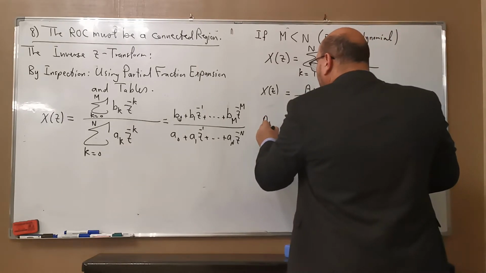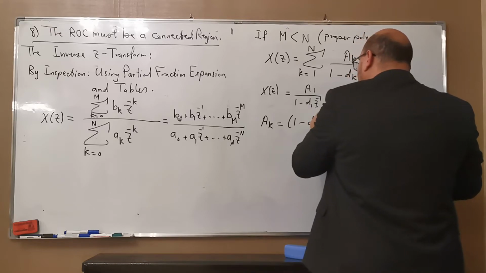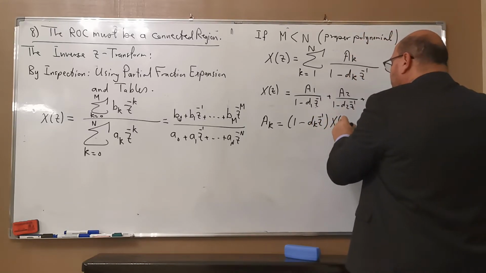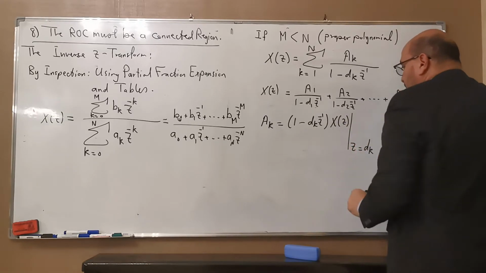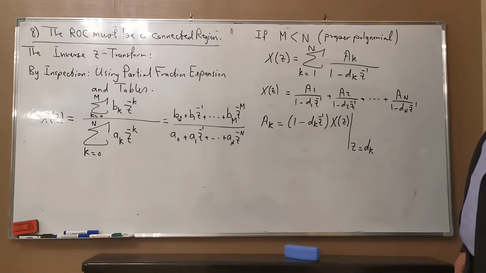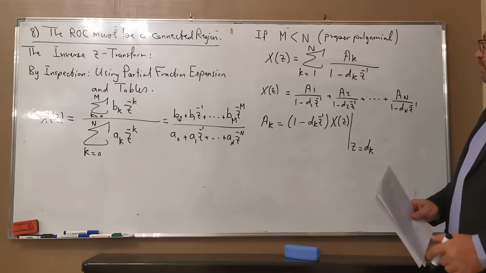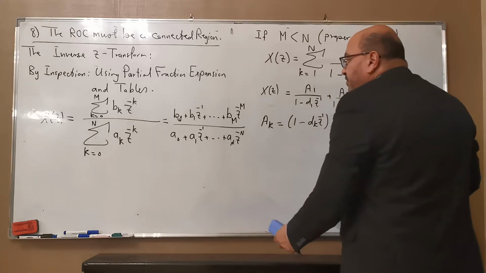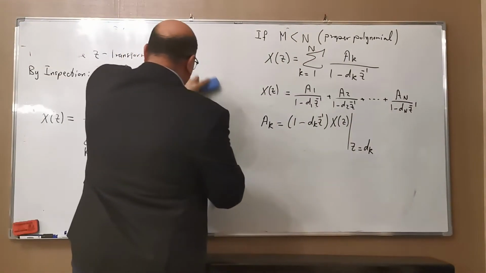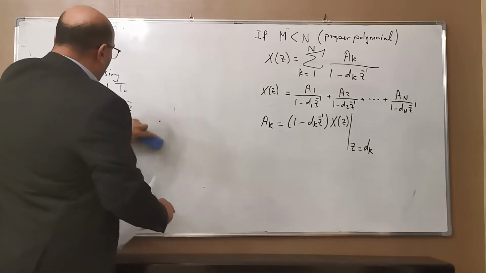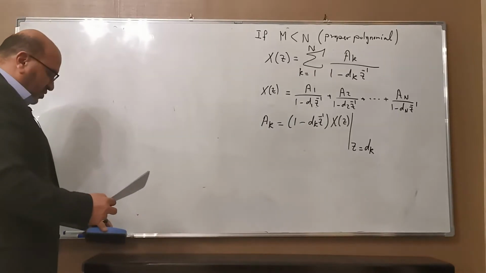A_k is usually found by 1 minus d_k z inverse times X(z) evaluated at z equals d_k. Okay? So this is how we can find those constants by partial fraction expansion, and I know that most of you know this from calculus, when you do integrals by partial fraction expansion.